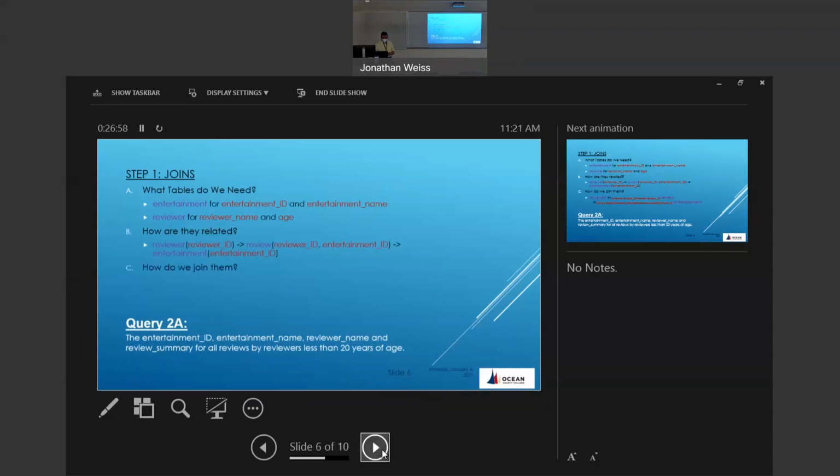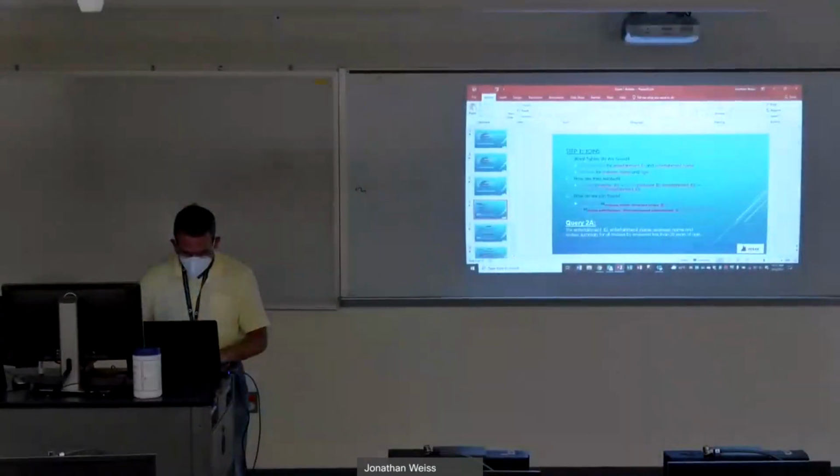So we need to join these things together. How do we join them? Well, there's the join part of the expression. We join reviewer to review by reviewer ID, and we join entertainment with review via entertainment ID. You can go left to right or right to left, it doesn't matter at all.